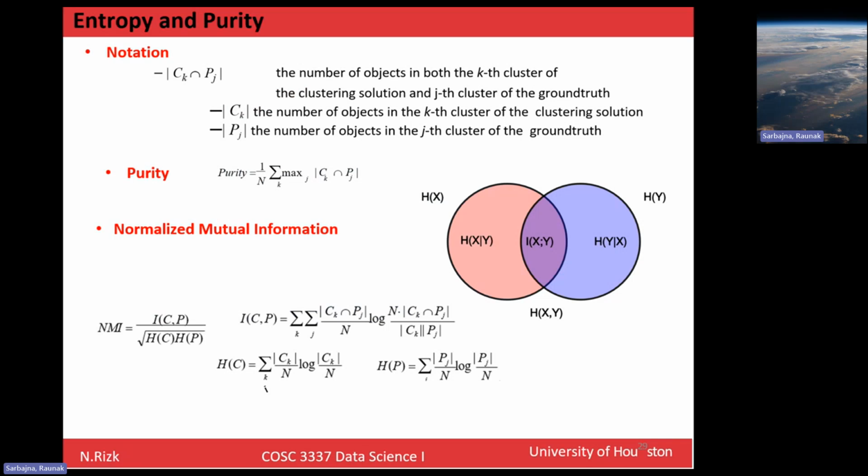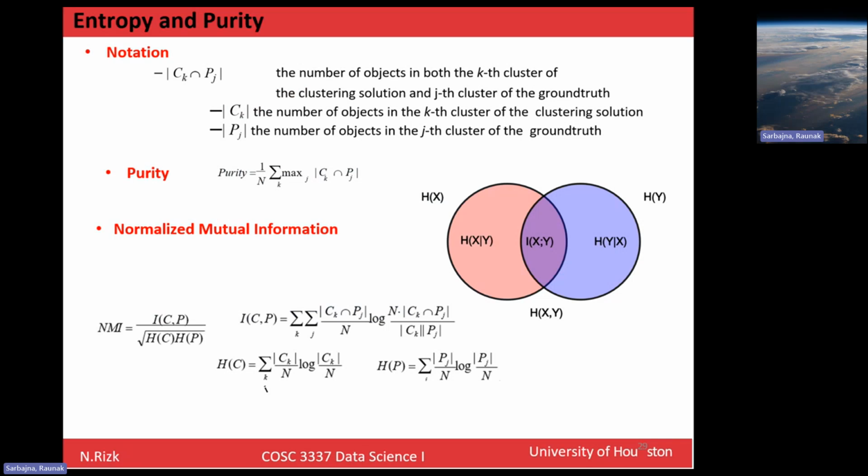So if you look at the cluster that your model has given you, you find out which point is most highly represented within that cluster. So compare it to the real cluster, and you take that maximum value and you sum it up for each of the different clusters. It'll be easier to understand once I show you some example.